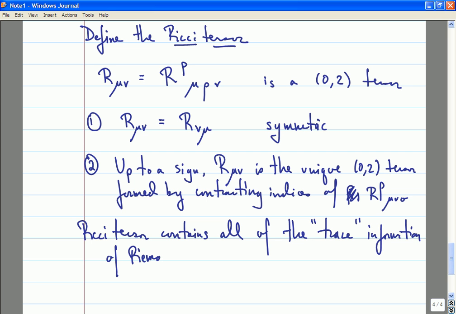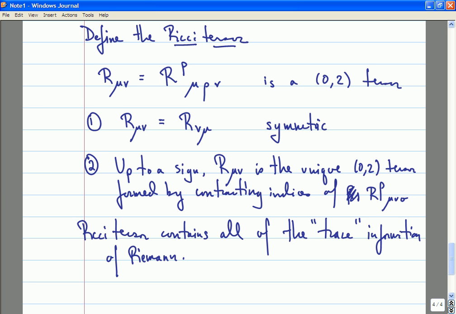If you have a matrix, you're used to defining the trace of that matrix. It's just a scalar obtained by contracting the two indices of that matrix together. If you have a four-index object, you don't get a scalar when you contract two of the indices together. You get a two-tensor. And that tensor, in the case of the Riemann tensor, is known as the Ricci tensor.